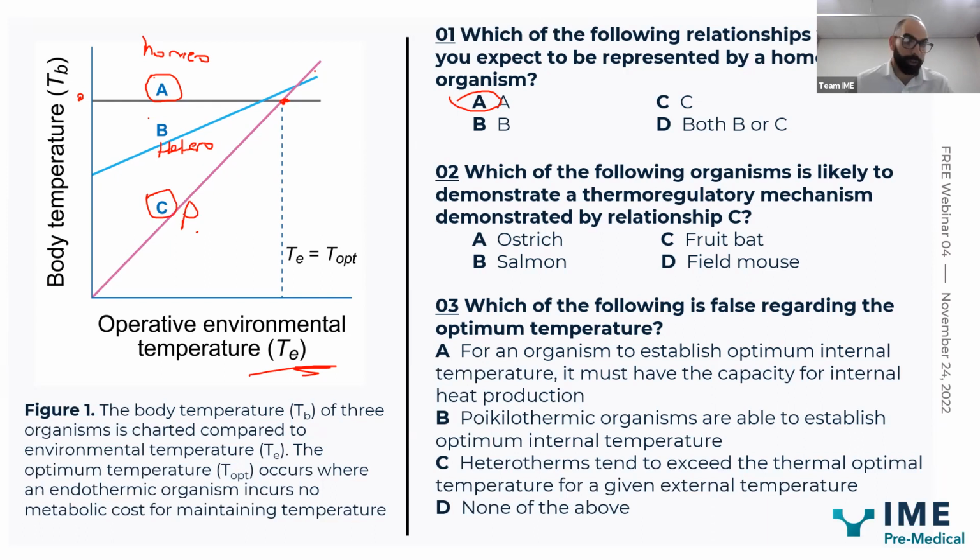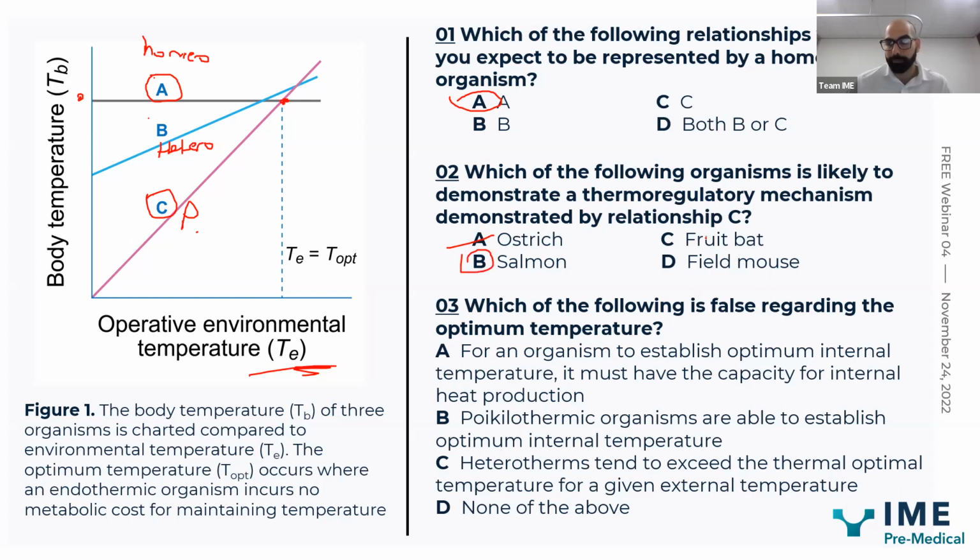If we go to our text on the previous slide, it says clearly that poikilotherms are organisms like fish and reptiles which experience an internal temperature which varies directly with the external environment. So we have to pick an animal from this option. It's either a reptile or a fish. An ostrich is a bird. Last time I checked, they had feathers. A salmon is a fish. That's why salmon is correct.